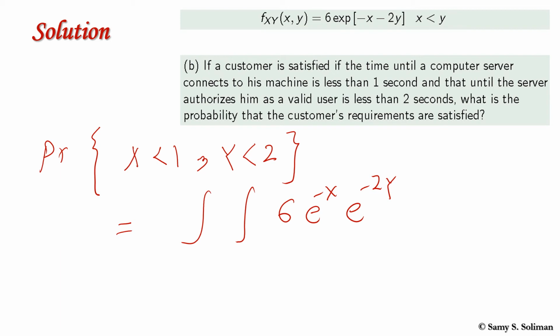For y, it ranges from x, and the maximum value for this sub-region is 2 as per the required satisfactory condition, and x is from 0 to 1. So again, we calculate the integral over y first, followed by the integral over x, and the rest is a straightforward calculation for the integration.